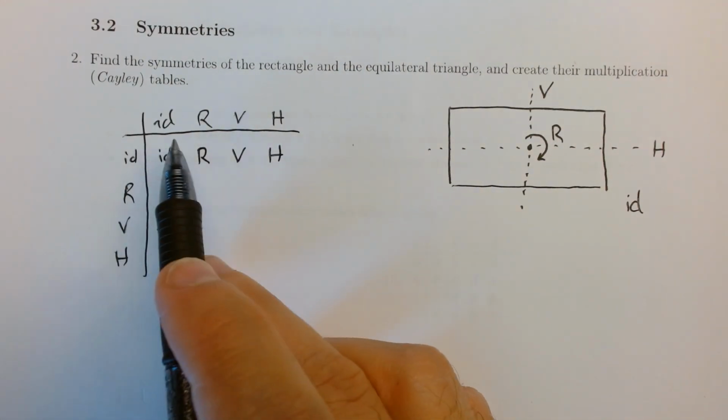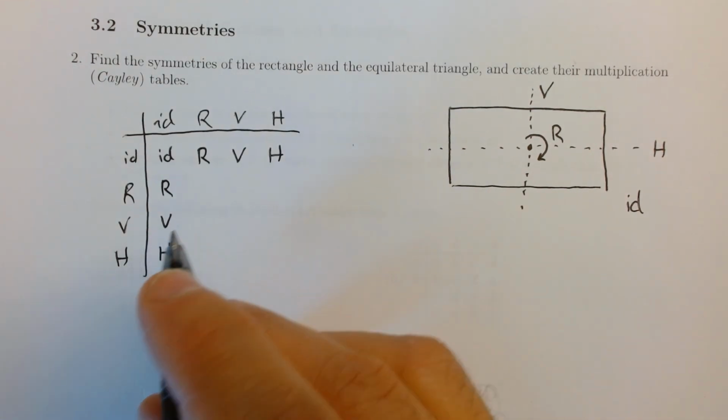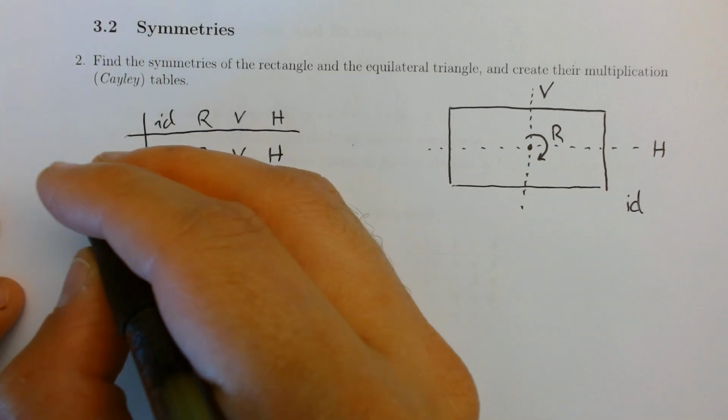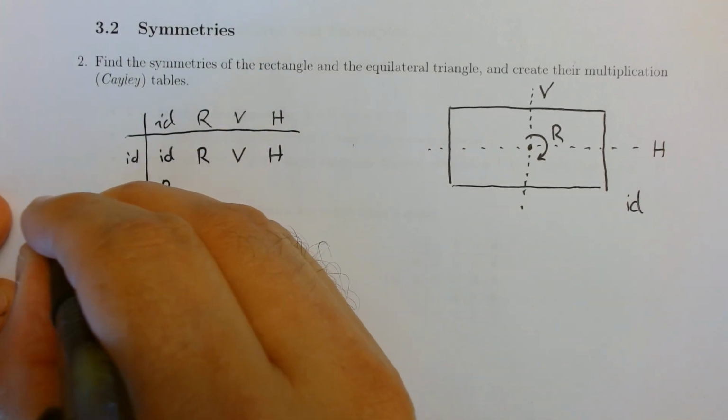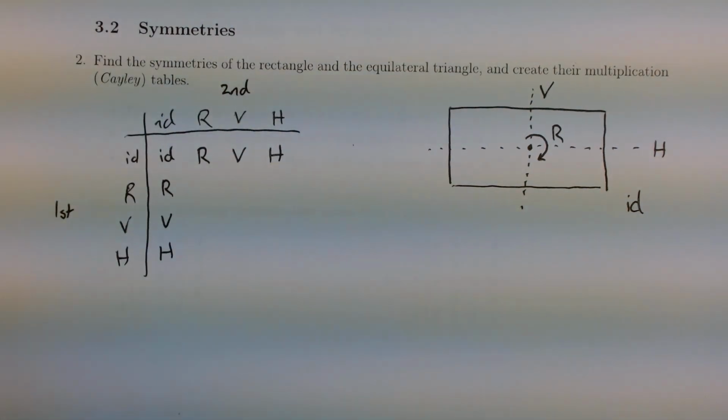But now let's think about doing these operations one after another. So in here it's not going to matter, but we'll always take the row as the first operation and the column as the second operation. Again, it's not going to matter in the case of the rectangle, but it will for the equilateral triangle.